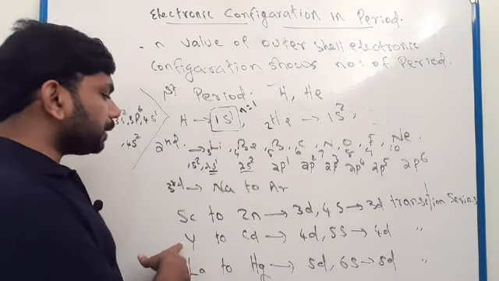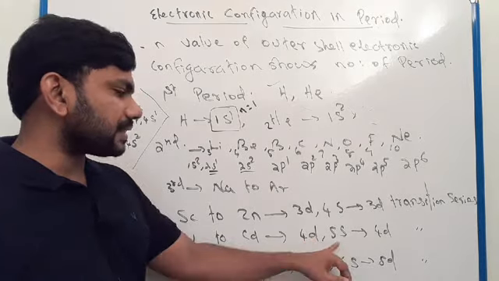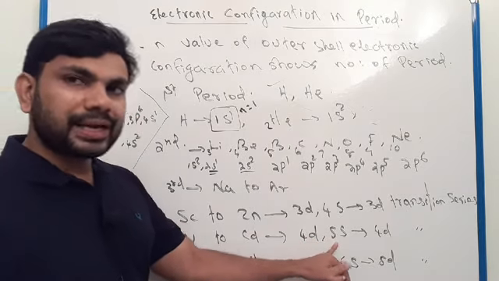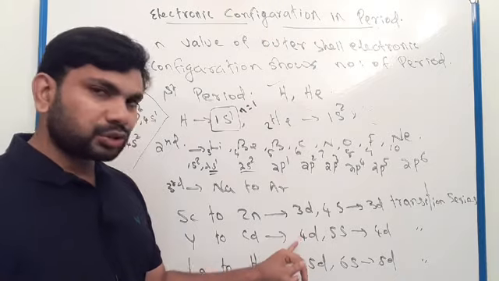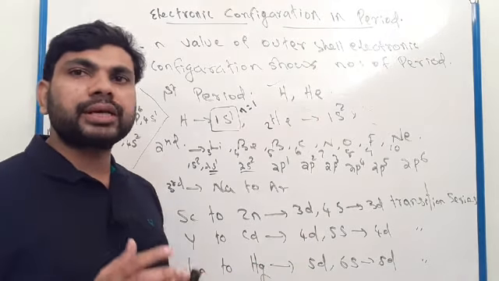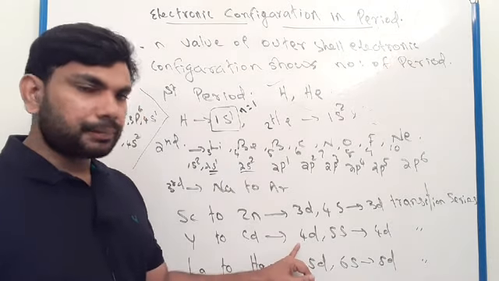Yttrium to cadmium: 4d 5s. That's why the outer shell electron configuration is 4d, and these elements are called the 4d transition series. Clear?